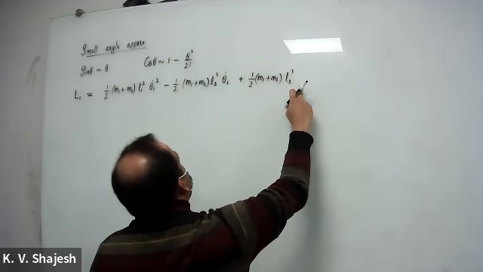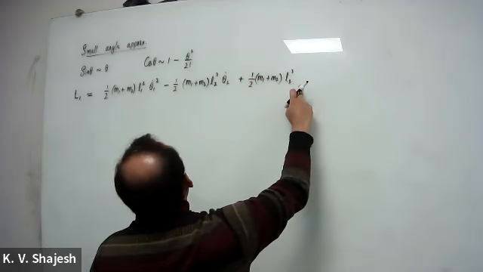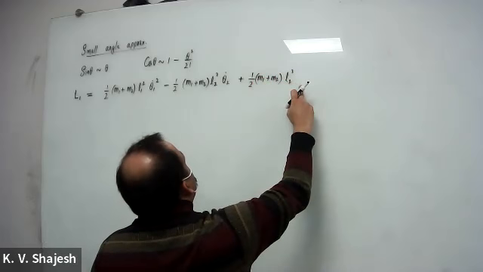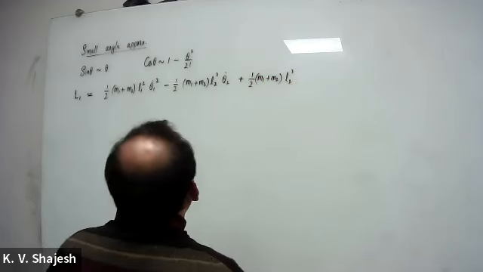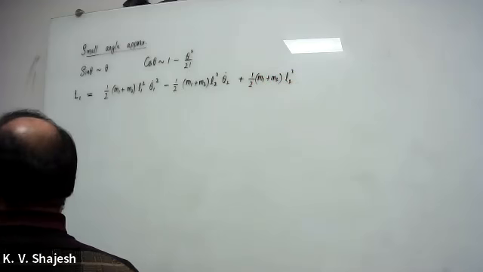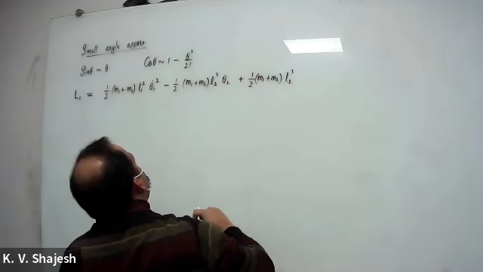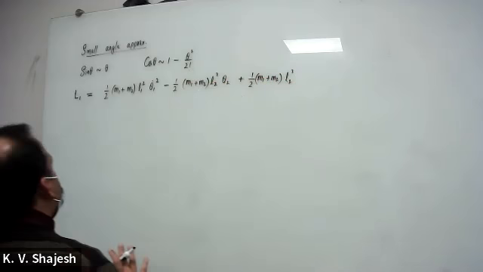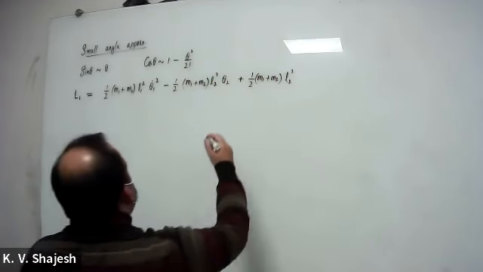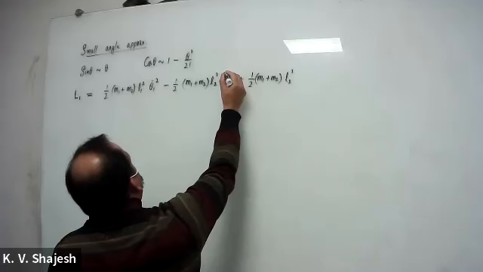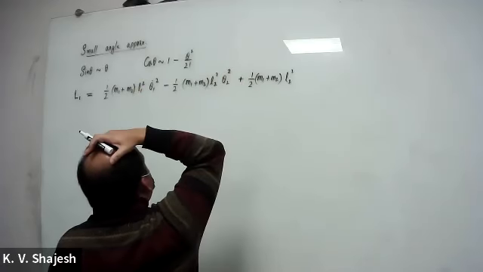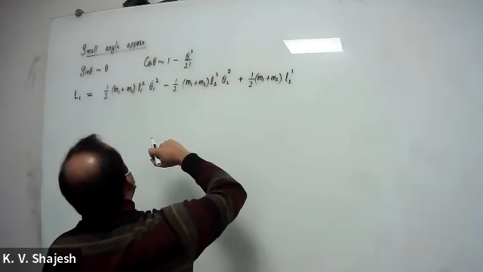What happened to the time derivative? What's wrong? No, because this is cosine theta, right? So there was no theta. So something is wrong here, right? Dimensionally.